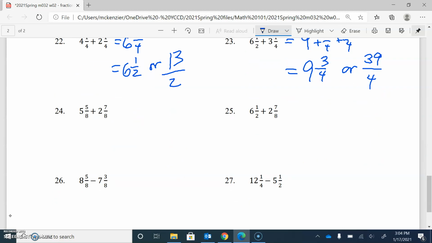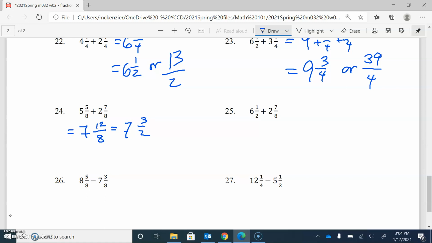Okay, for problem 24 and for problem 25, it's a little bit tricky because we're going to end up carrying. So we're going to have 7 12/8 if we add that directly, which I'm going to write next as 7 3/2 by reducing.